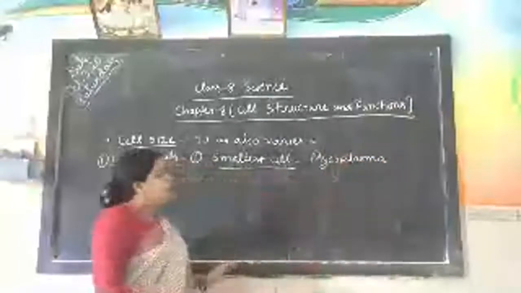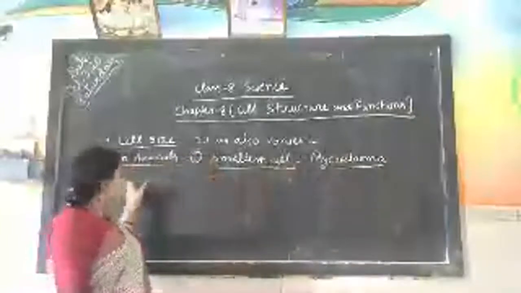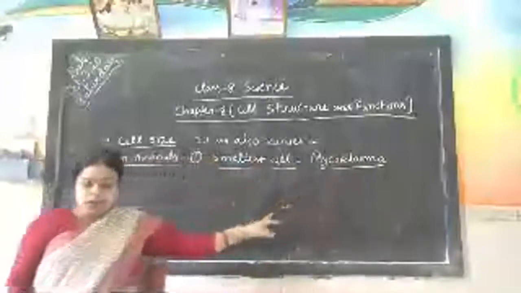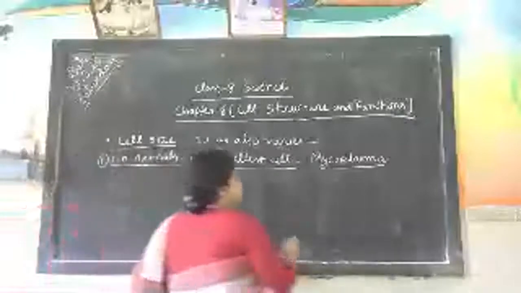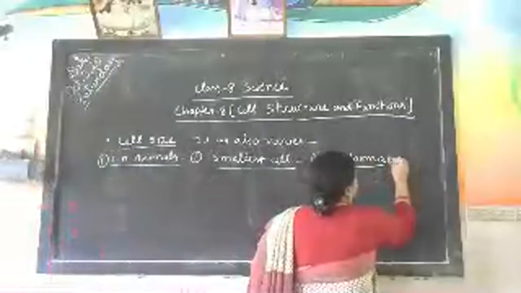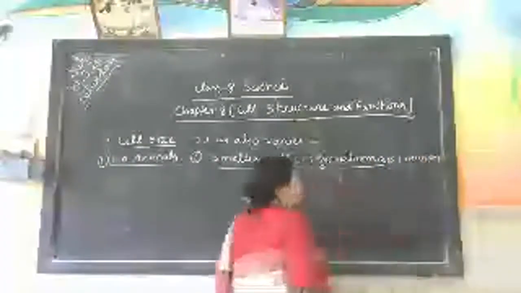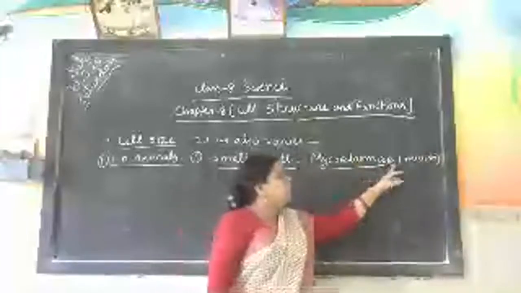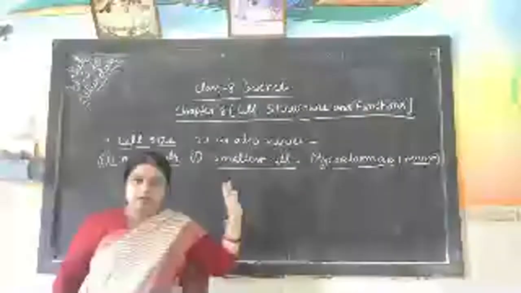In animal cells, the smallest cell is mycoplasma. It is about 0.1 micron. The size of the mycoplasma is 0.1 micron. Okay, is that clear?